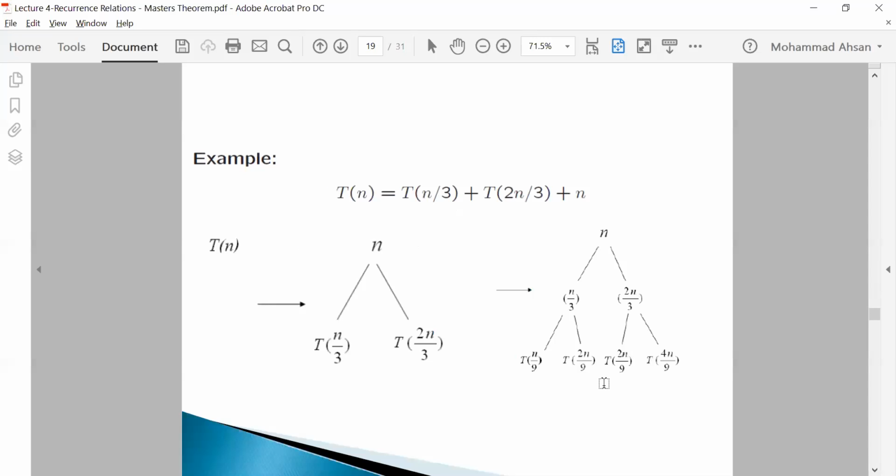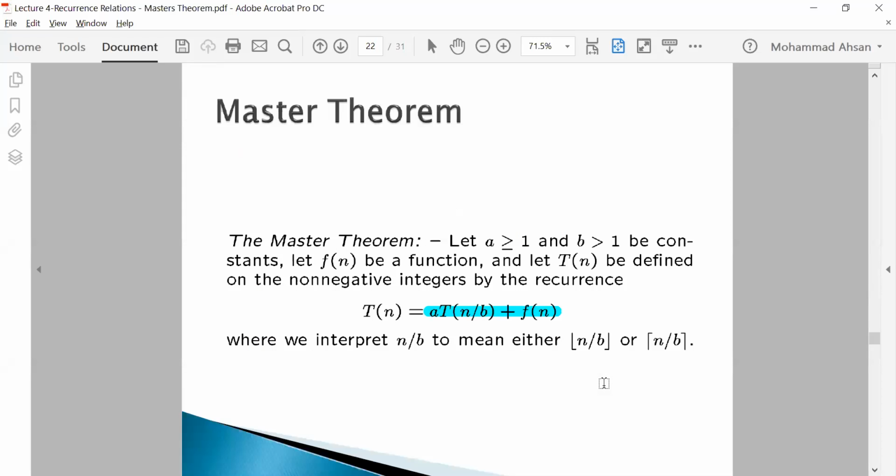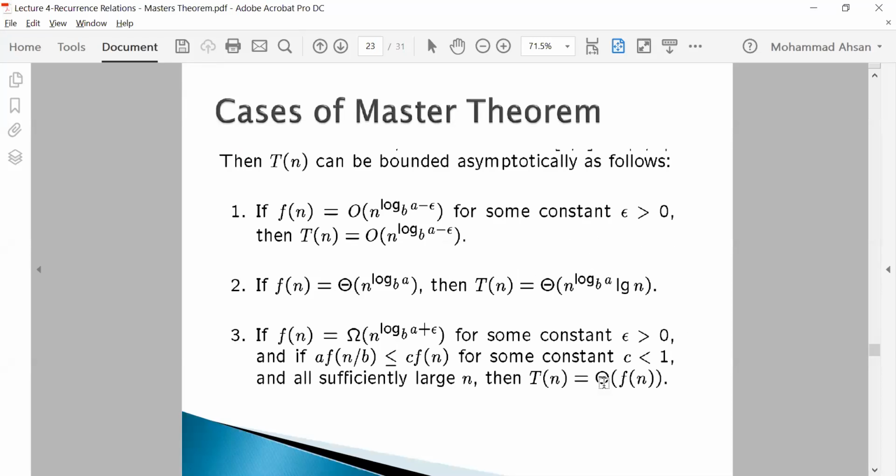So again here, the work done at every level was n, so n into log n. Now in the master theorem, this f(n) is what we basically focus on, and then we compare it with, let's see what we are comparing it with.